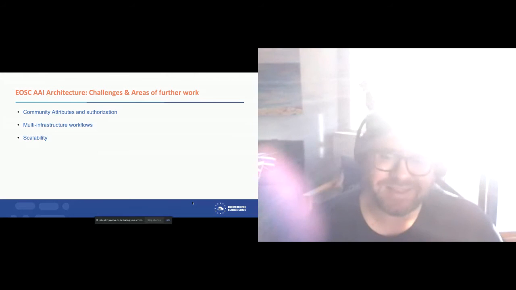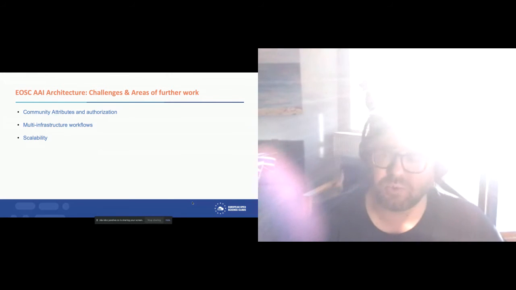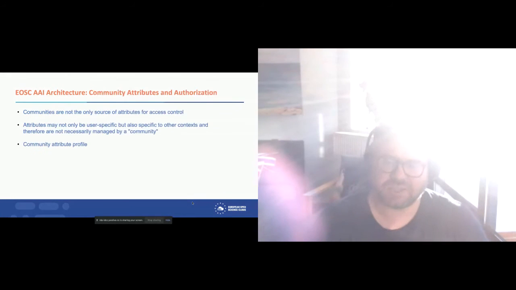Then, how to implement multi-infrastructure workflows, because users do want to be able to compose resources from different places and to have one single experience in the data analysis that will end in the scientific outcome. And of course, how we can scale this, beyond a proof of concept, beyond a pilot infrastructure, to something that would be truly a pan-European infrastructure. Next slide, please.